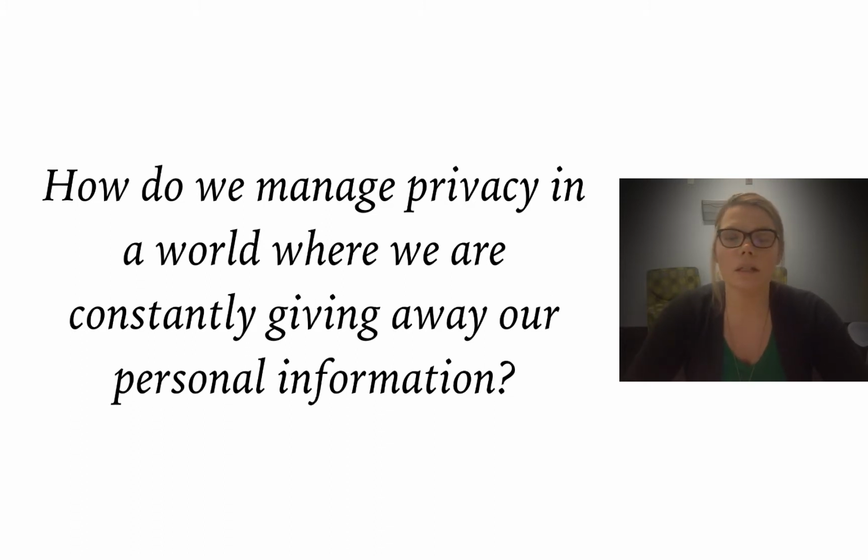So many times in intimate relationships, we may share pictures or videos of intimate situations or of ourselves, maybe nude photos, that type of thing. So that information is likely only meant to be shared between you and your partner. But what happens when they share it with someone else? What happens when they share it with the world online?